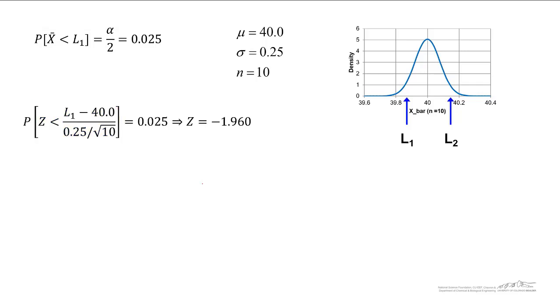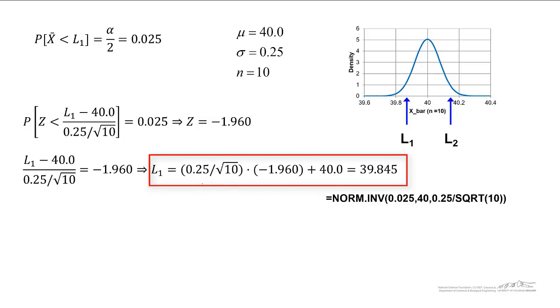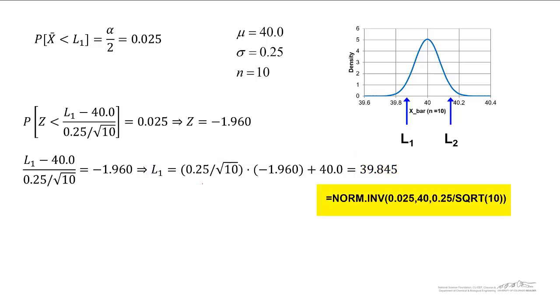This means that z is equal to negative 1.960, and if we want to calculate what L1 is, we can back calculate, and we end up with L1 is 39.845 for the lower bound of a 95% confidence interval. We can also use the NORM.INV function easily in Excel to calculate this number.